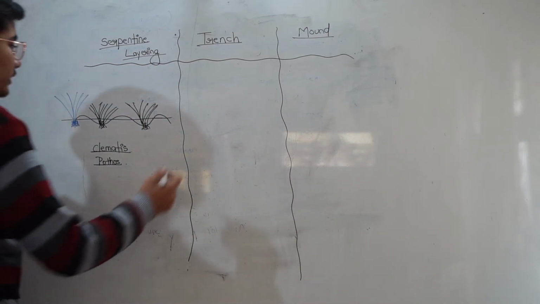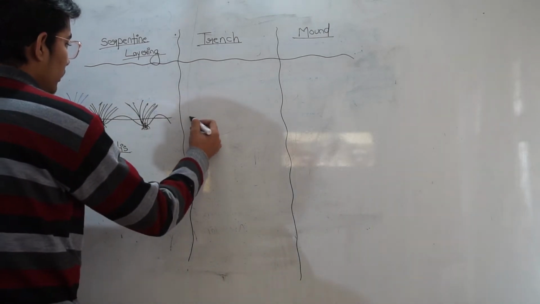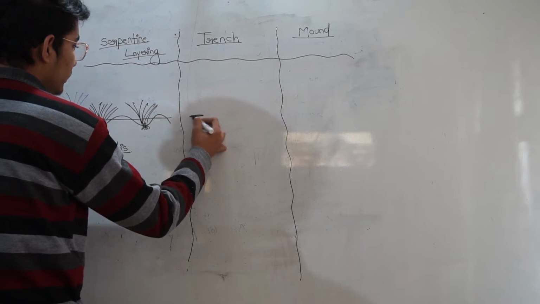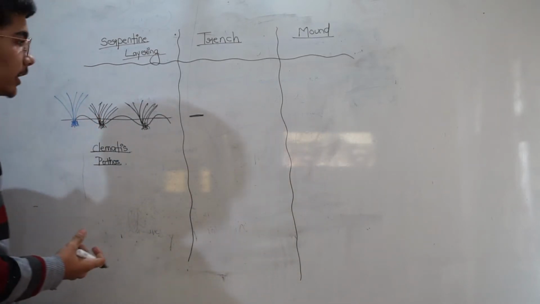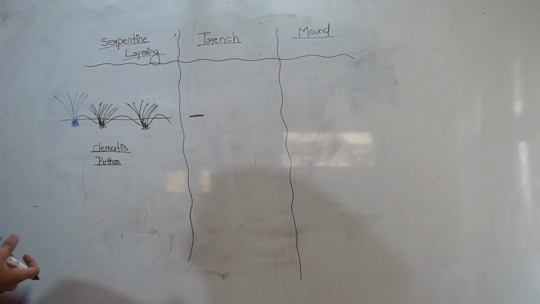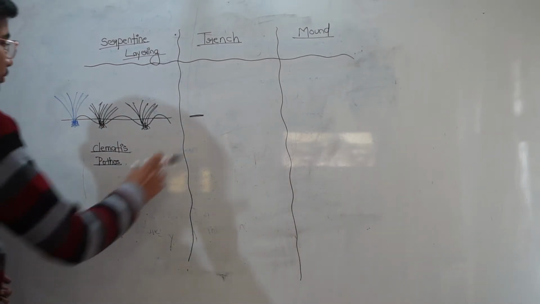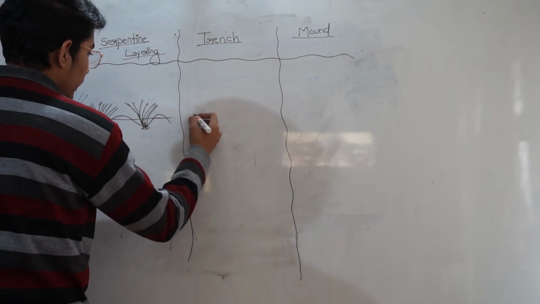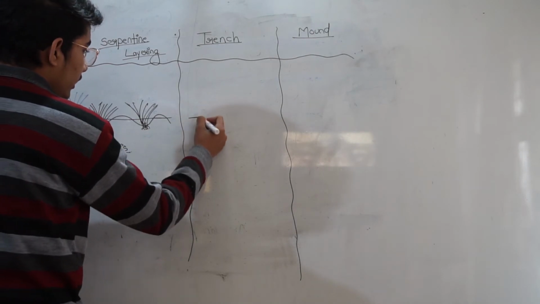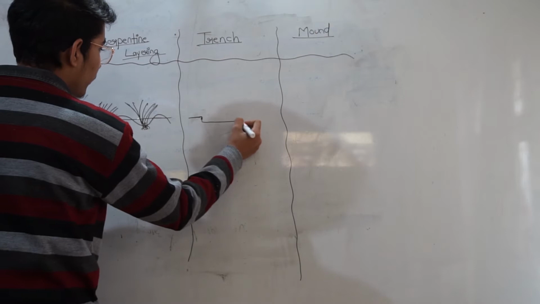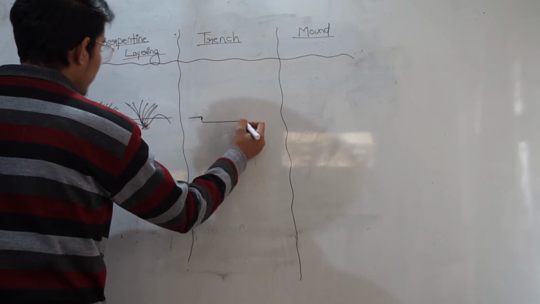After this, the trench type. So trench type is a somewhat different type of layering compared to serpentine layering. Here we need to take a horizontally underground layer for performing this layering.